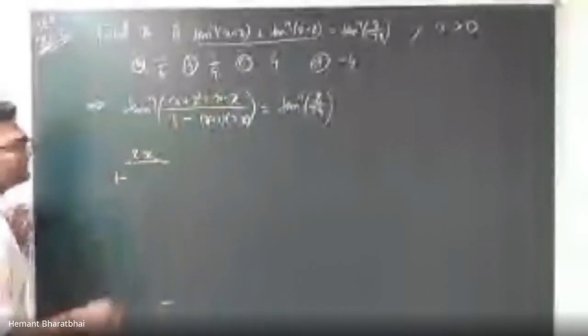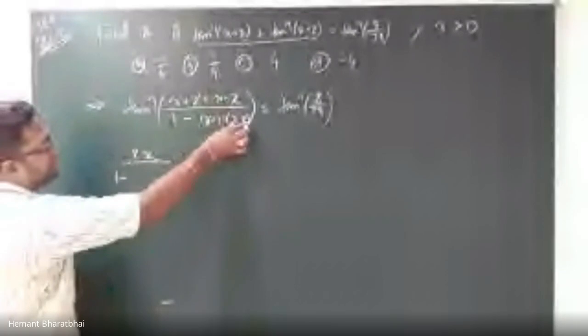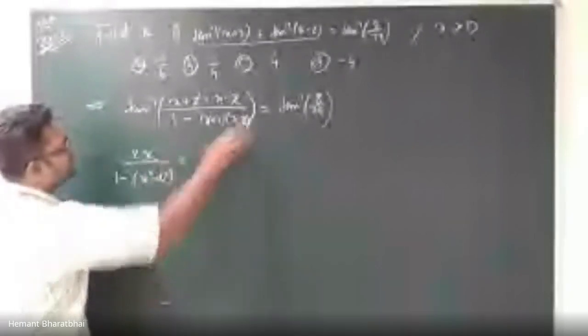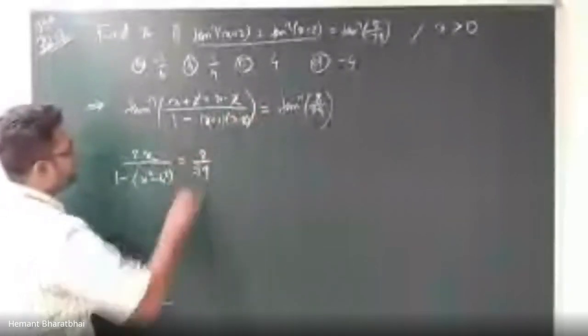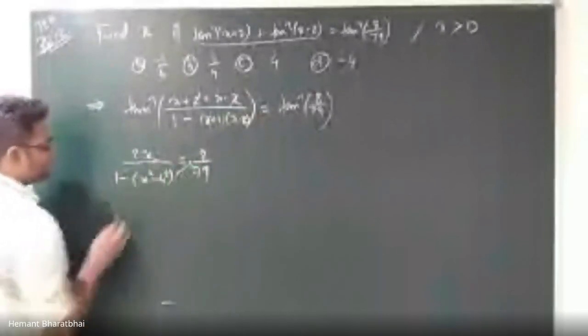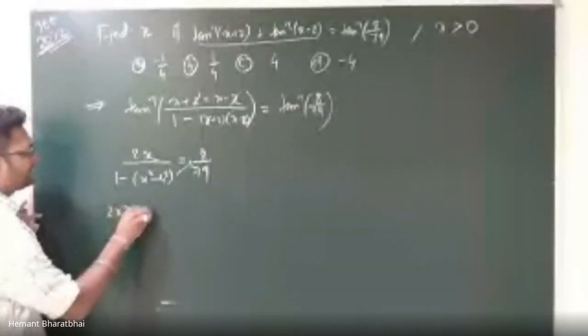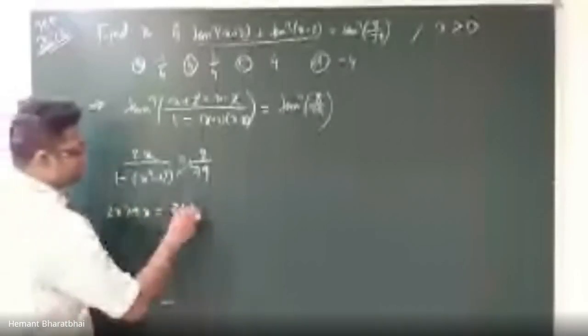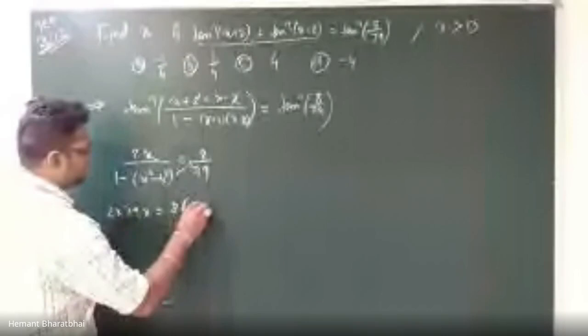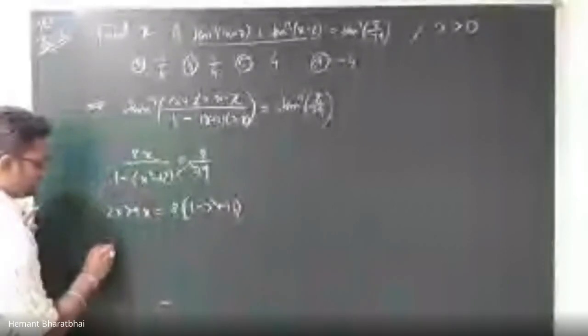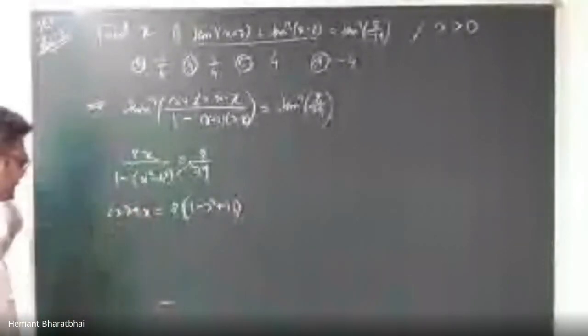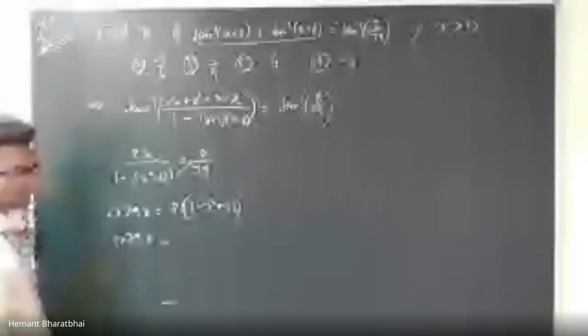So here I am getting 2x upon 1 minus (a plus b)(a minus b), which is a square minus b square, so that will be x square minus 4, is equal to 8 by 79. So here I'll get 2 into 79x is equal to 8 into (1 minus x square plus 4), so 16 plus 1, that's 17.